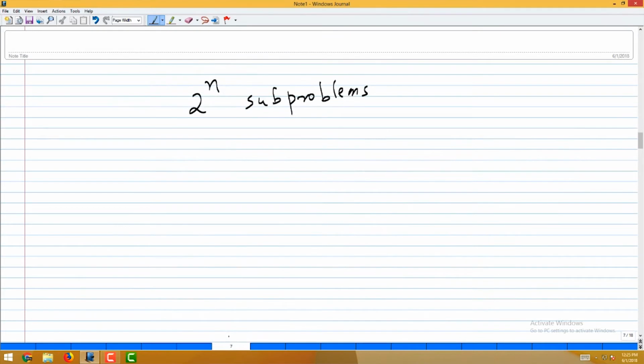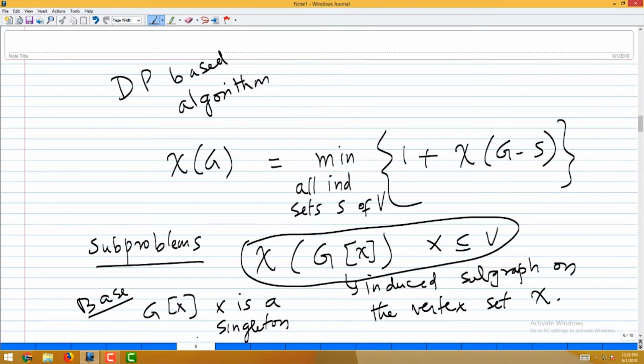The time for each subproblem is 2 power i, because I am running through all possible subsets and then just adding something. This is sitting in my table, this is not a recursive computation. You pull out, add these 2 numbers, and take the minimum.